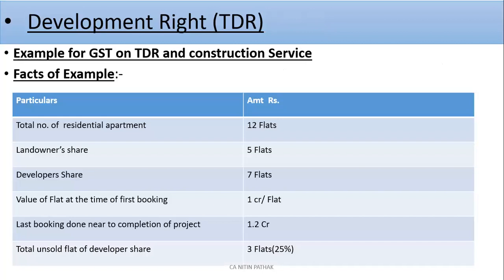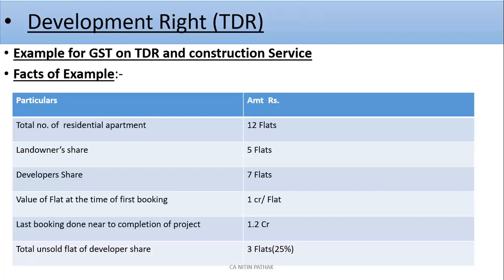There are 12 residential houses. The landowner has been given five apartments. Seven are going to be kept by the developer. The value of a flat at each booking is 7. At the time of the last booking it was 1.2 crore.